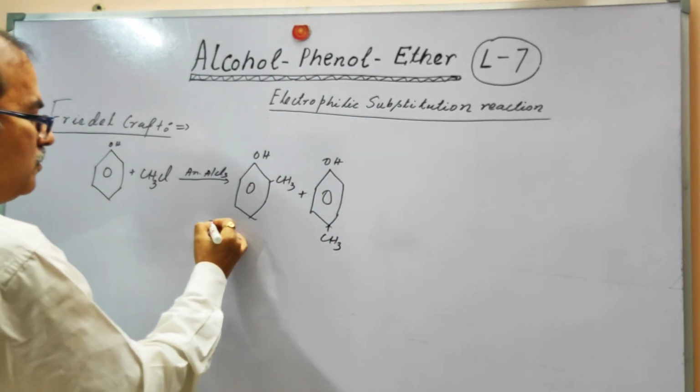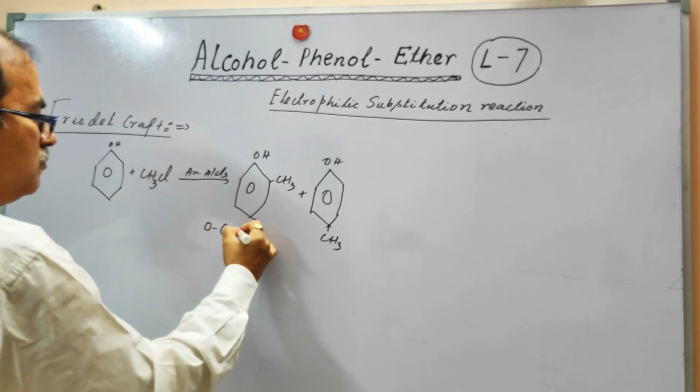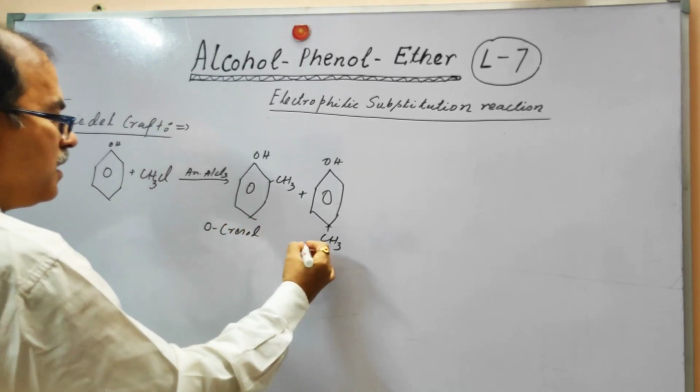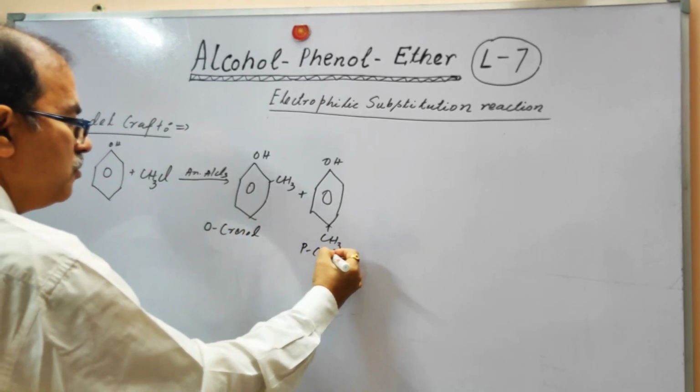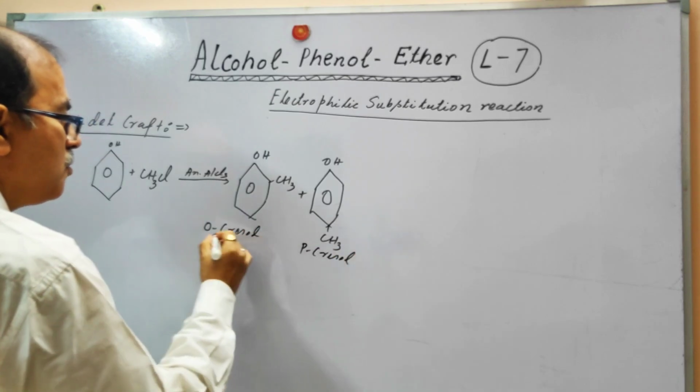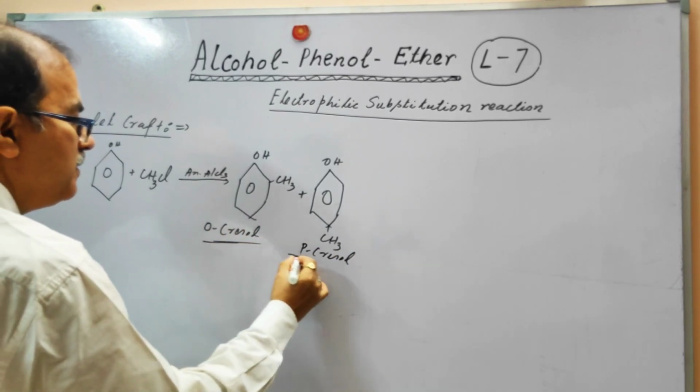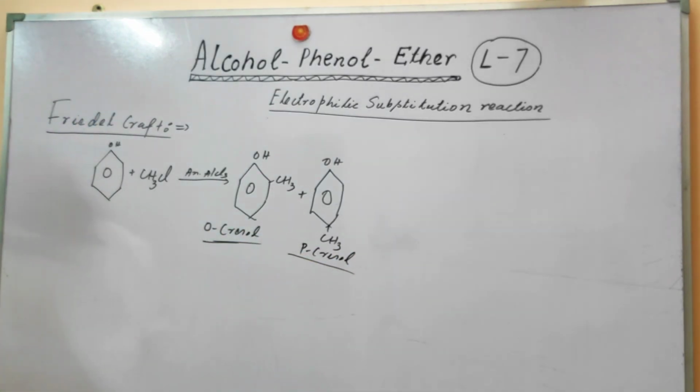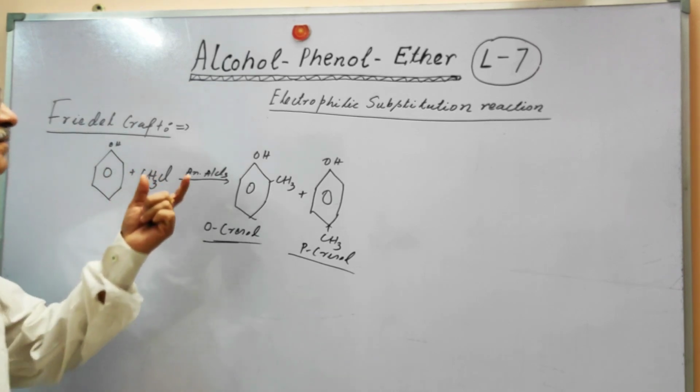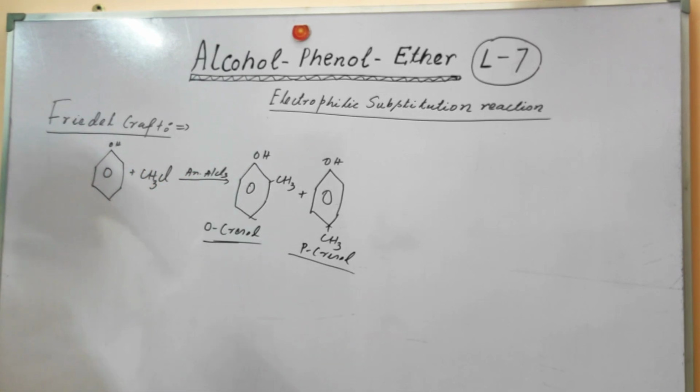This is called orthocresol and this is paracresol. So a mixture of compounds is produced. This is a Friedel-Crafts reaction, which occurs in the presence of the anhydrous AlCl3 Lewis acid.